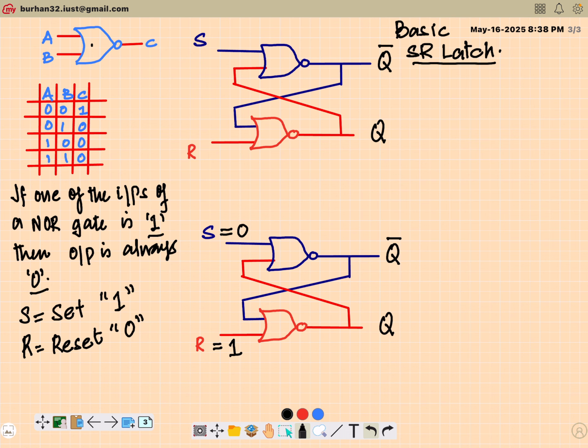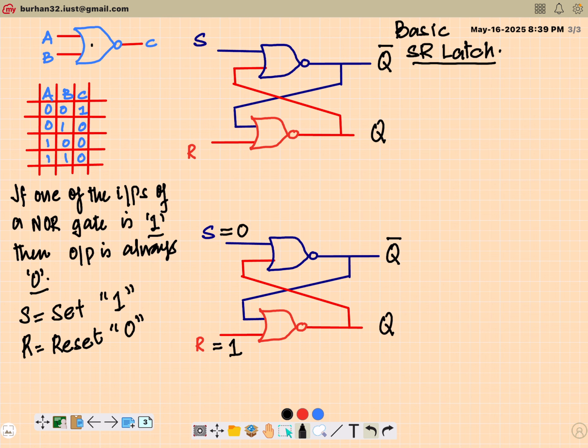Now the upper NOR gate has one of the inputs as 0. So based on this input, we cannot tell what this output is going to be. But the lower NOR gate has one of the inputs as 1. And you know from the behavior of a NOR gate that if one of the inputs is 1, regardless of what the second input is, the output will be 0.